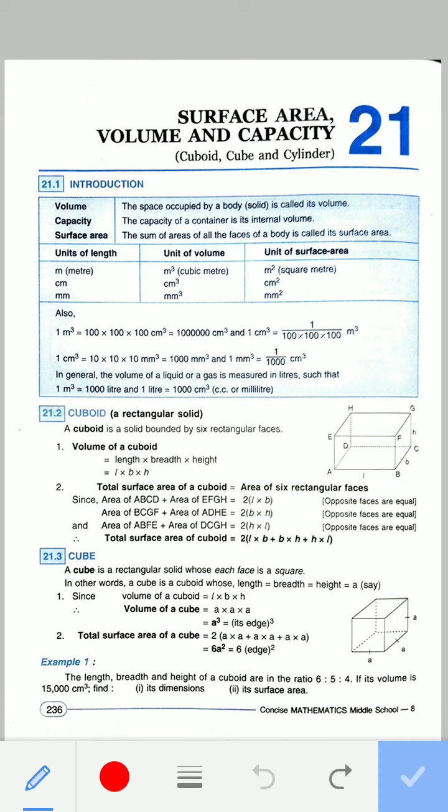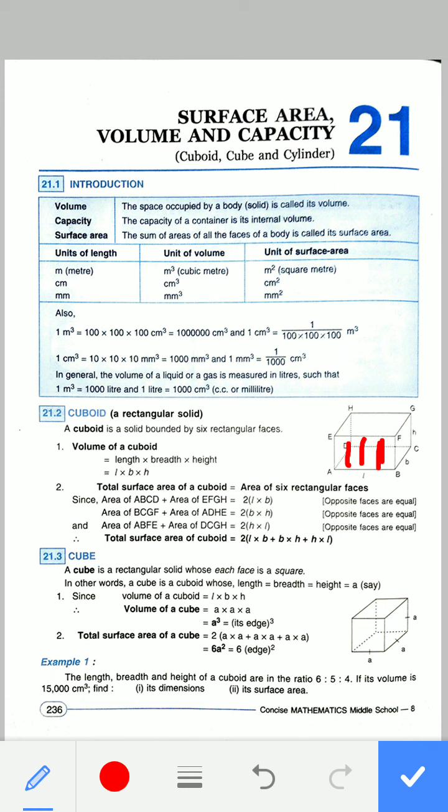And what do you mean by total surface area of a cuboid? It means the sum of all the surface areas. So how many surfaces does it have? It has six surfaces, and all are rectangles. If you multiply L into B, you will get the area of this rectangle.